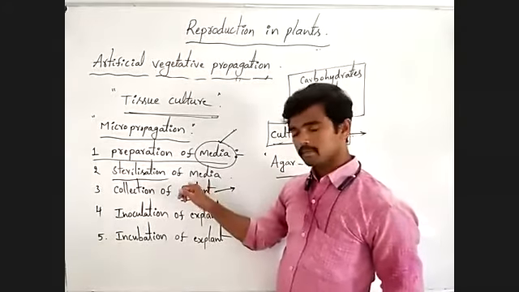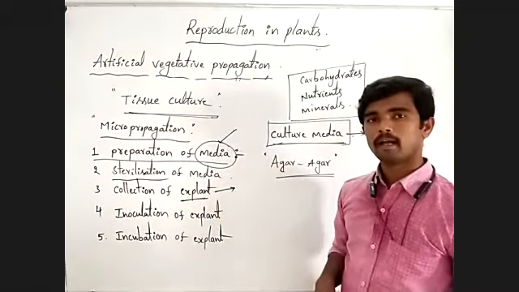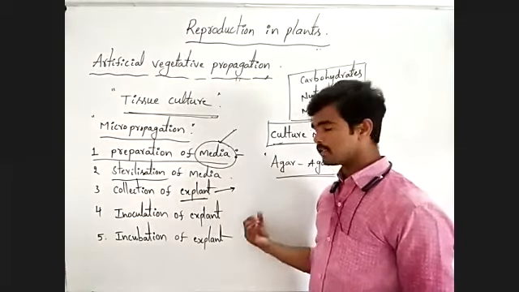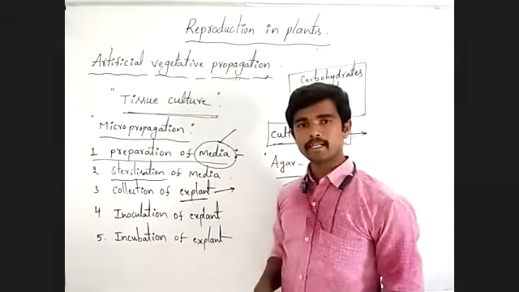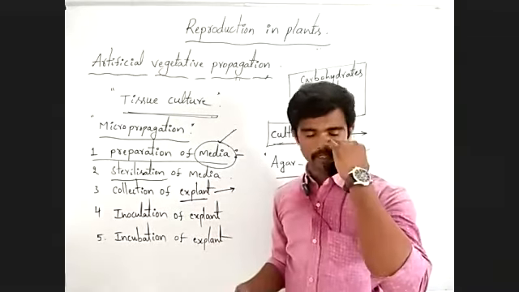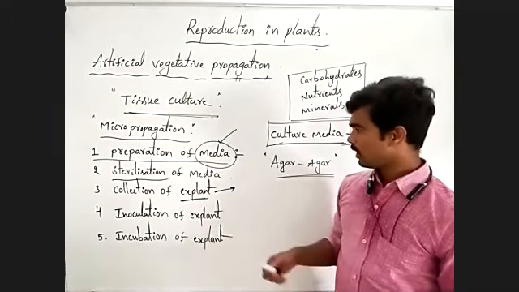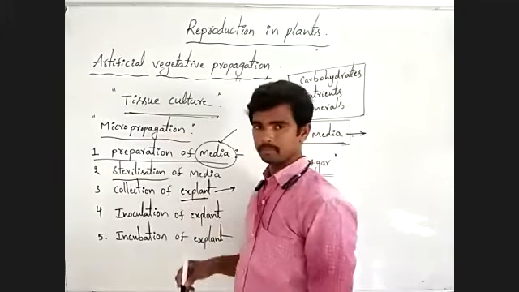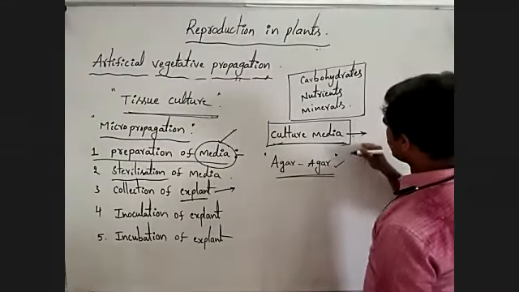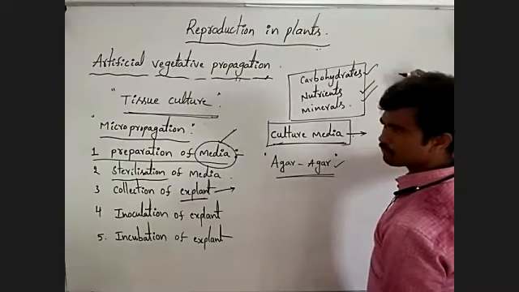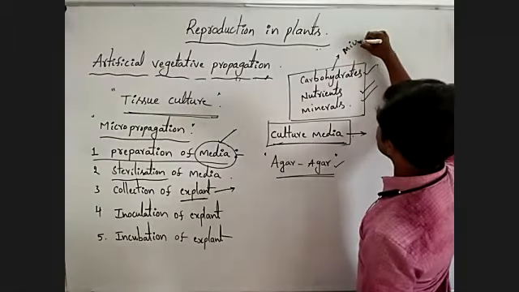Observe, since media has different types of nutrients and minerals, a number of microorganisms may attack the media and spoil it. That is why we have to sterilize the media. Observe carefully here. We are adding the agar and different types of nutrients. They may have microorganisms.